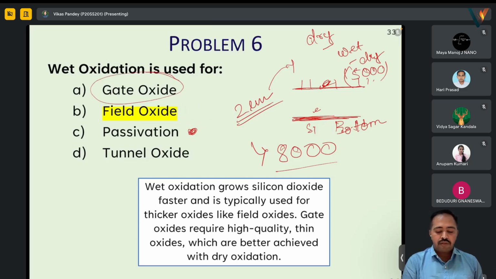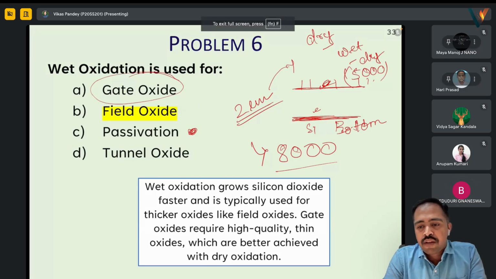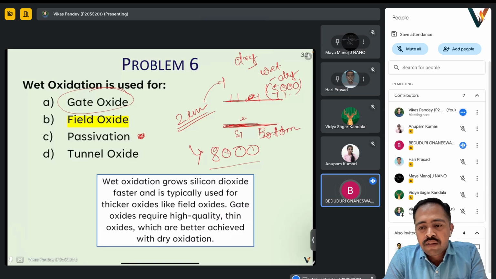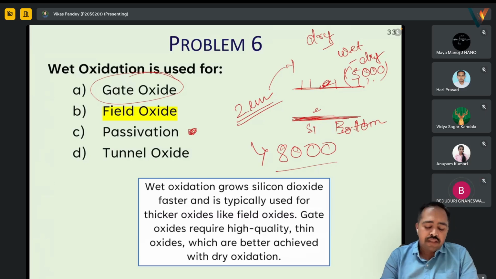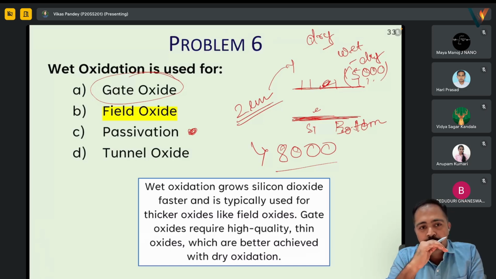And in case of gate oxide, if we go for wet oxidation, yes, you are saying something. Sir, can you please give clarity on why we can't use wet oxide for passivation or tunnel oxide? As I said, you can use it if you have a blank silicon wafer, you do oxidation, and it's fine.